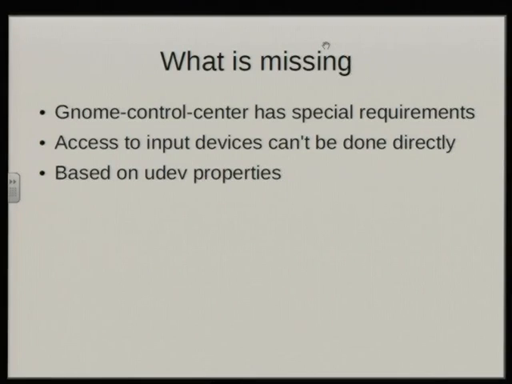You don't know how many mice you have connected, or whether you have a touchpad or you don't. You don't know anything as a Wayland client. So the idea is to have a Libinput helper, which basically dumps the configuration options that are available on udev. So GNOME Control Center can actually poke udev and get the list of devices, can get the set of features that they have, and can update the UI accordingly.